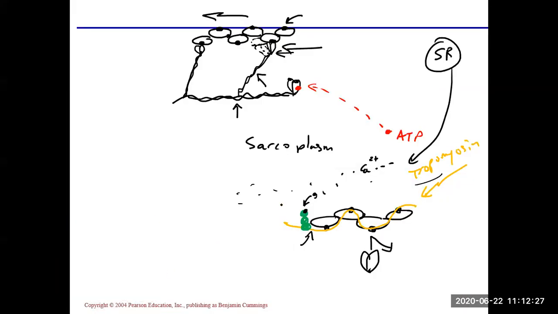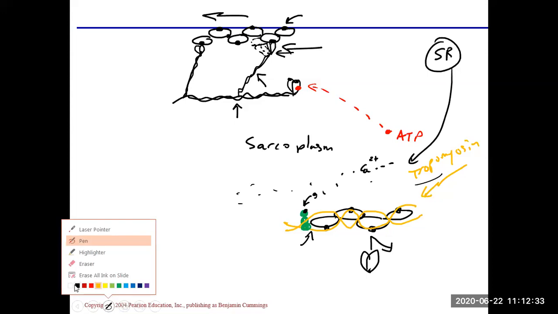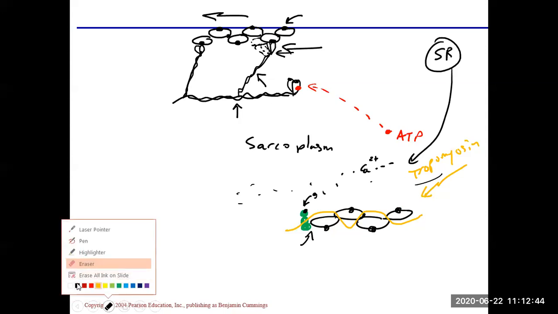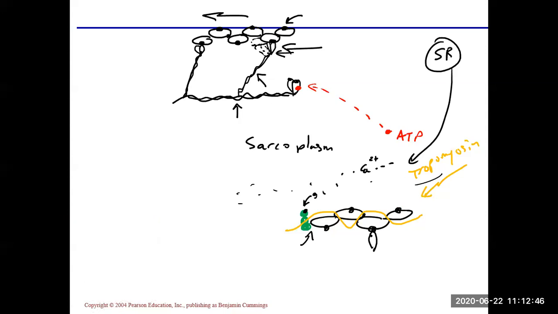I'm just going to move it to the side now so you'll see it a little better. Now it's moved to the side. Now I'm going to erase the other one. There. Now you can see clearly the myosin head can attach to it because that's the binding site. So the myosin head can attach, and then it can do the power stroke.